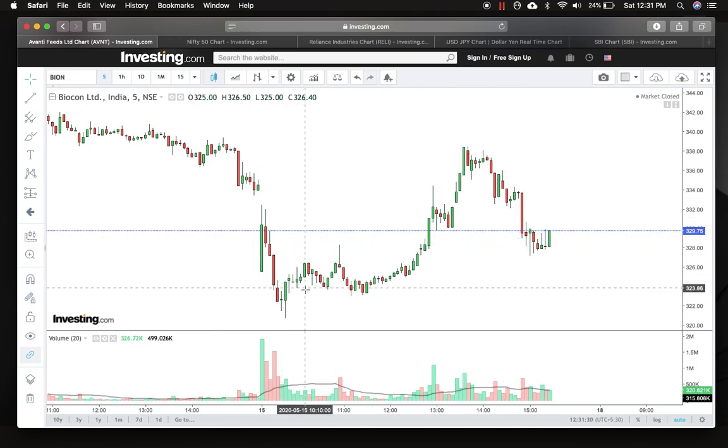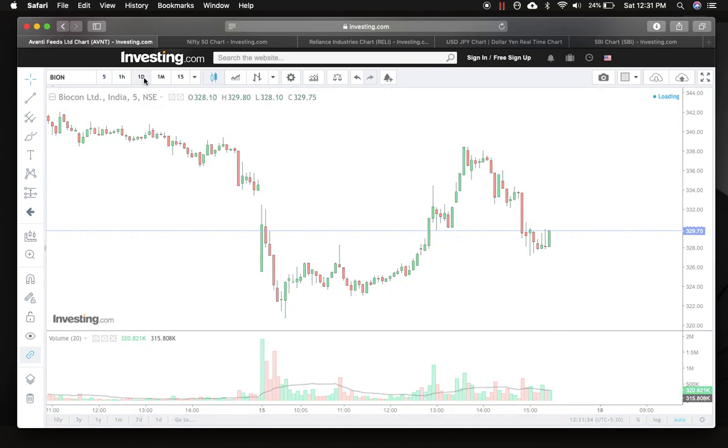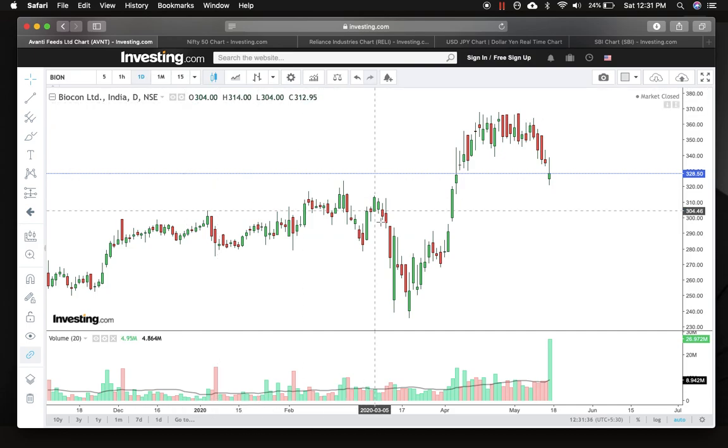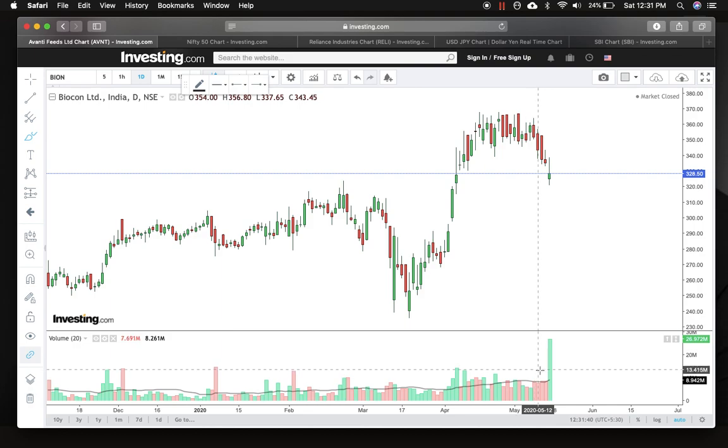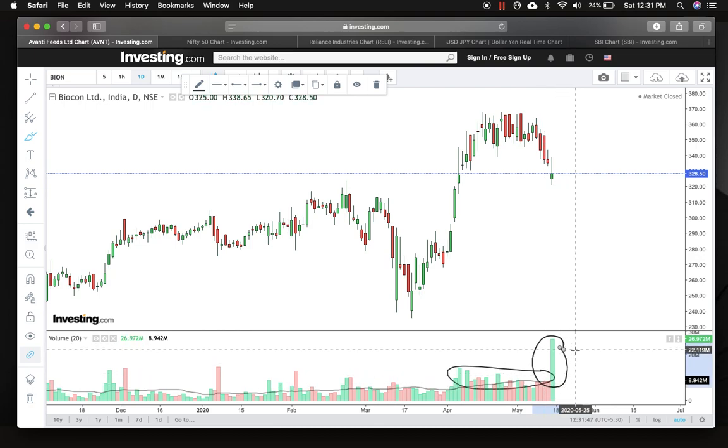So we had enough movements, enough swings to take advantage. Let me look at the day charts to show you the higher relative volume. Biocon is trading at a normal volume around this range, but because of the fundamental catalyst, it is trading at a higher relative volume, and this is what I'm concerned about. I'll surely put Biocon in my intraday list.